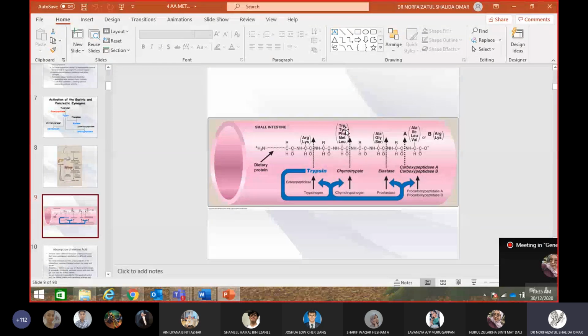Like carboxypeptidase, it will cleave at the carboxylate site. If you still remember, carboxyl group, amino group. So that's the action of the enzymes, and then how it is absorbed.